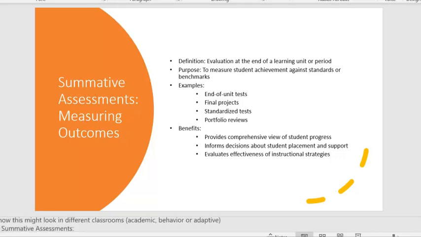While in, say, an adaptive environment, this might look like the DLM, dynamic learning maps. Or it could just look like taking all of the IEP goals and objectives and taking data on them to see where the student is currently at. You might not be doing summative assessments a whole lot in an adaptive classroom.